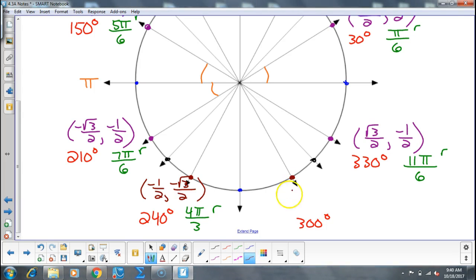The coordinates of that point are going to be positive 1/2, comma, negative square root of 3 over 2. The radian of that one is going to be 5 pi over 3. Okay?